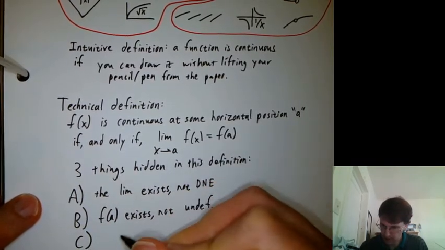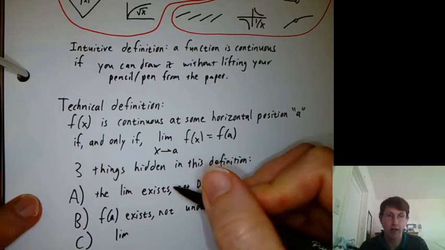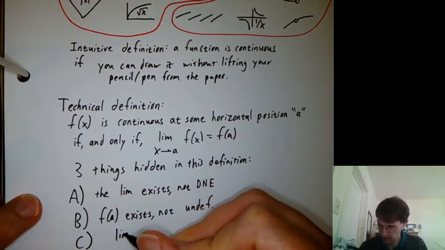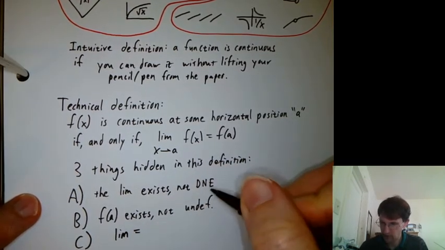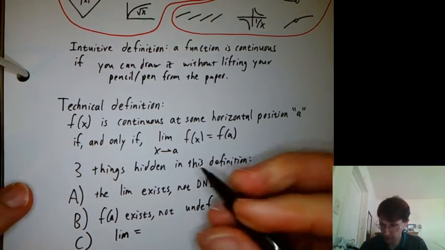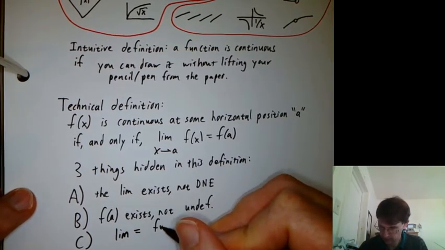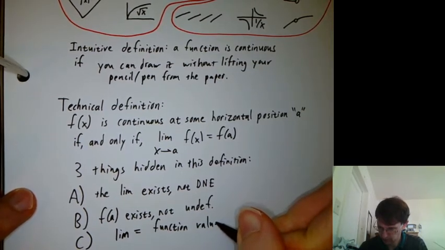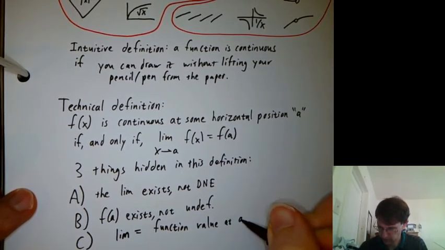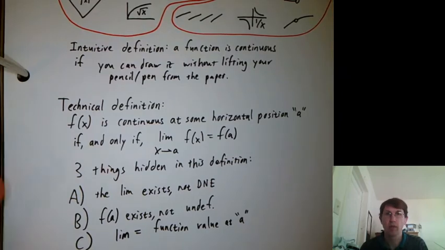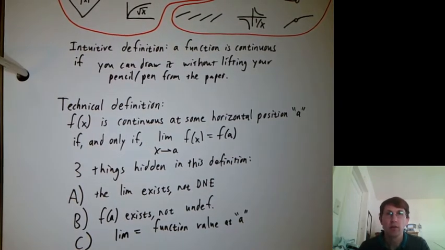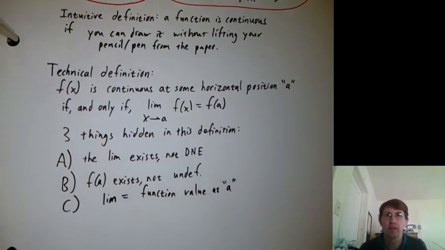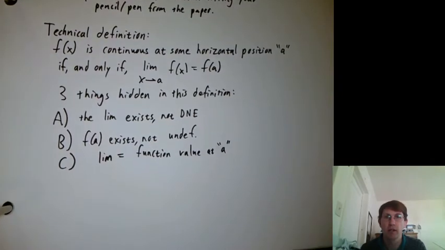And C, the limit from part A that exists has to equal the function value from part B that exists. So each of those things happens, or fails to happen, in different ways.